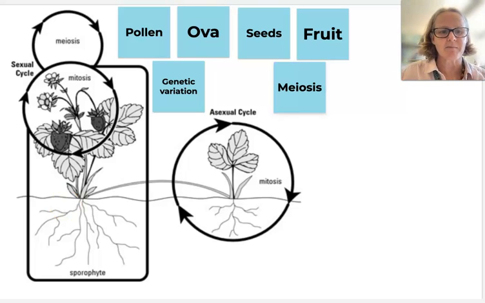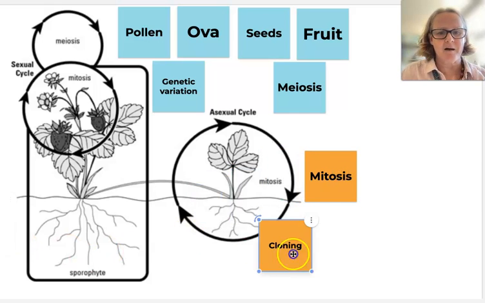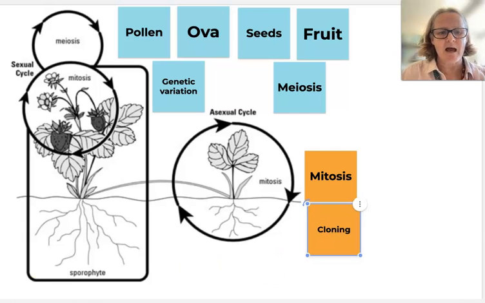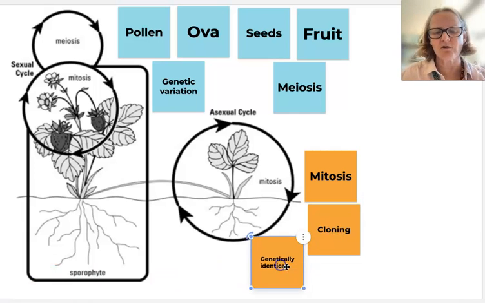And because it was made by mitosis, what we've got here is cloning happening, and we've got a genetically identical offshoot of the parent plant, but growing away from the parent plant and actually capable of growing all on its own when that runner maybe rots away or gets cut by something nibbling it, or it gets cut by a farmer. So you can make a genetically identical plant that's just like its parent.